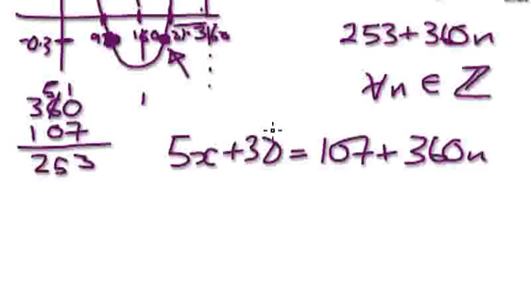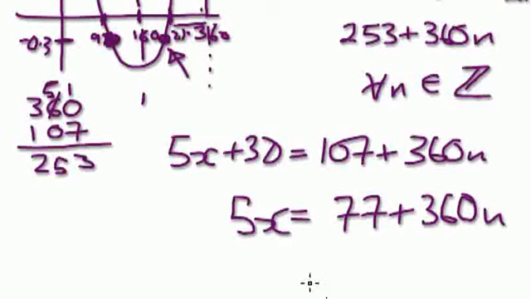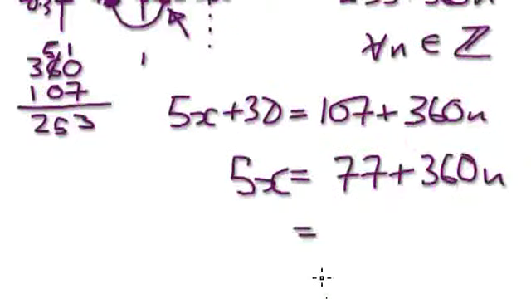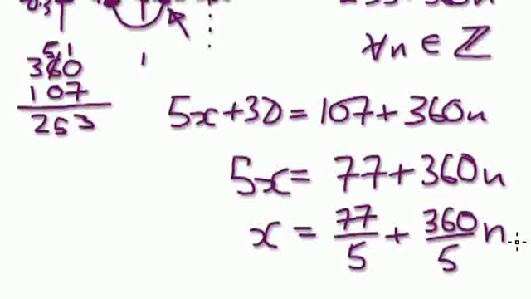Now take away 30 from both sides, so this will be 5x equals 77 plus 360n. Then divide both sides by 5, so x equals 77 over 5 plus 360n divided by 5.